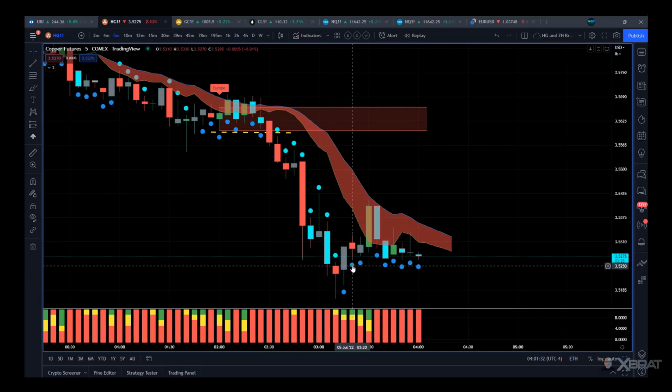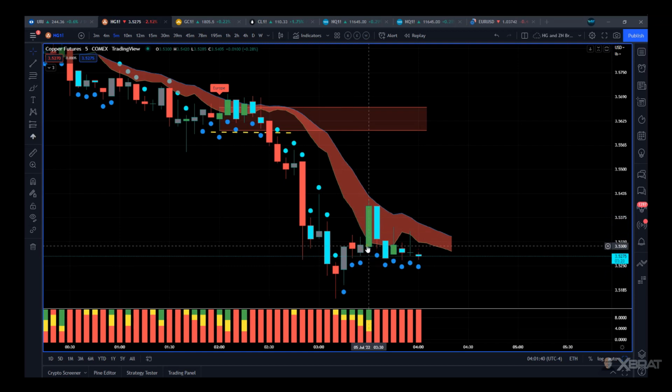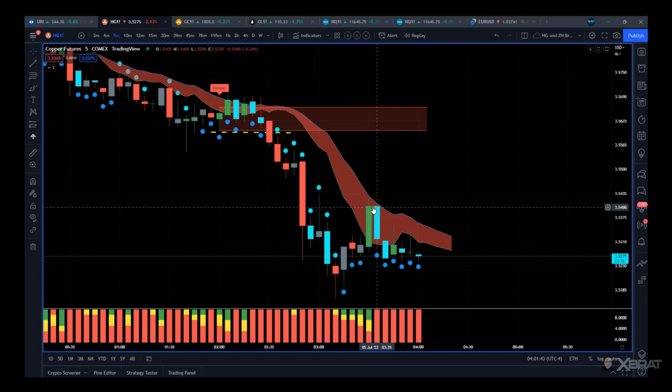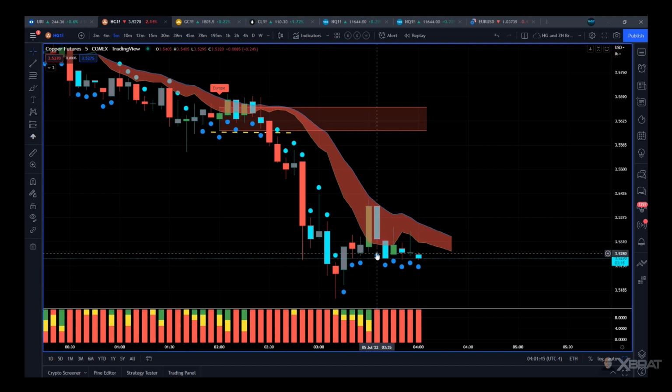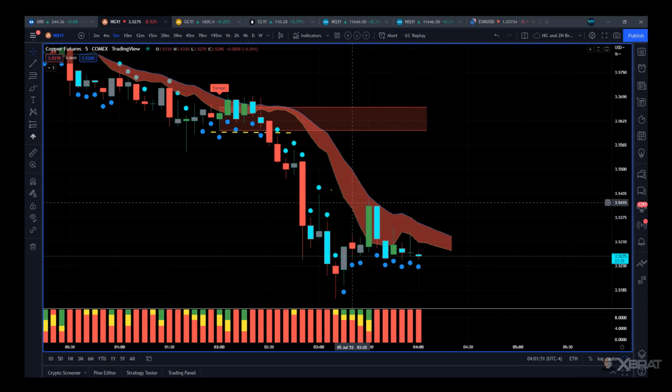You see these blue dots underneath? So it's telling you to stay in. Now we do have one green candle which has higher volume than the previous one on average volume, but then right away that next candle is a down candle on lower than average volume, and it starts to come back down again. The ribbon stays red. It's telling you to stay in the trade.